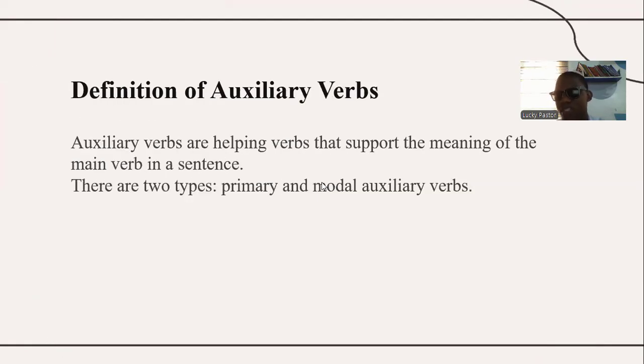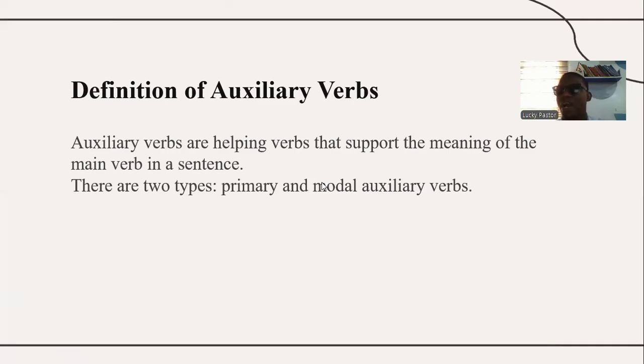So let's begin with the definition. Auxiliary verbs are helping verbs that support the meaning of the main verb in a sentence. Now, when we say auxiliary verbs support the meaning of the main verbs in the sentence, if you just say, I came, or I come to your house every day, right? This verb has no helping verb to it.